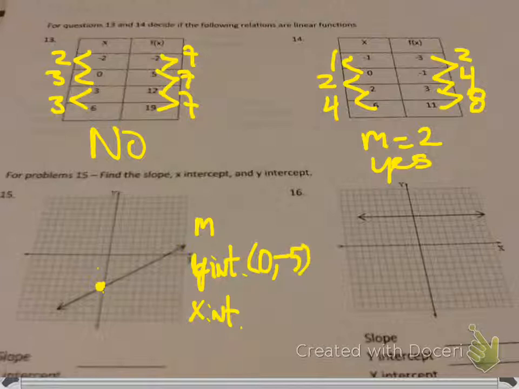Then depending on where you put your point, and I had some people mostly choosing here, then here, then here, that got a little bit off, but this was up 2 over 3, up 2 over 3. So here the slope is 2 over 3.